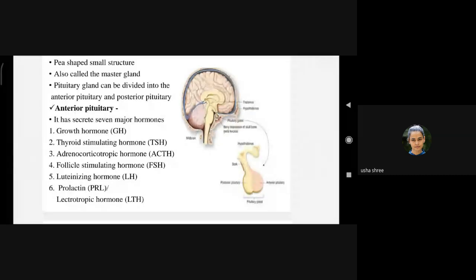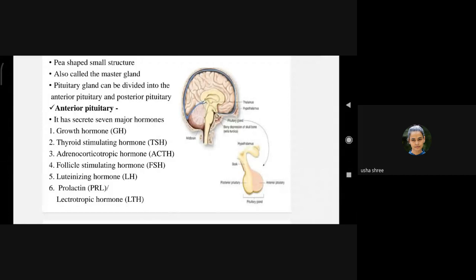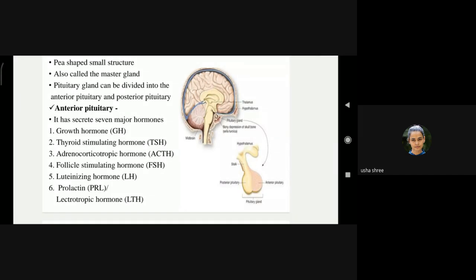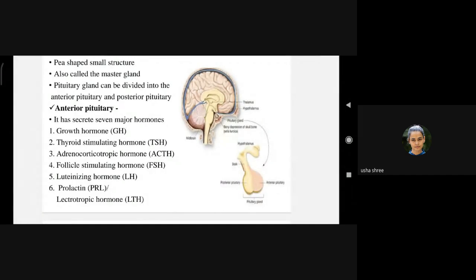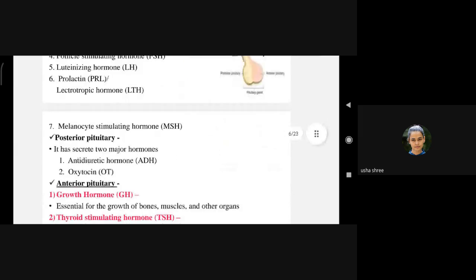Third, adrenocorticotropic hormone. Fourth, follicle stimulating hormone. Next, luteinizing hormone. And then prolactin hormone, or lactotropic hormone. So these are the hormones secreted by the anterior pituitary. Sorry, prolactin and lactotropic hormone are the same. The 7th is melanocyte stimulating hormone.